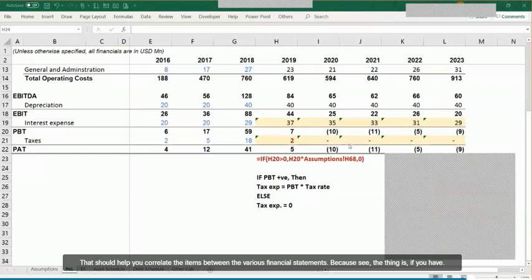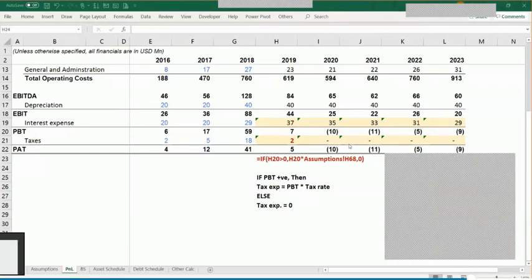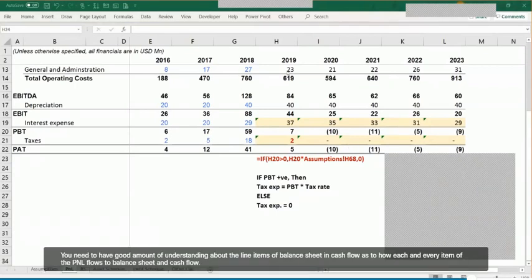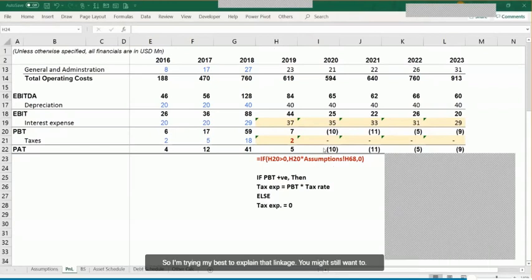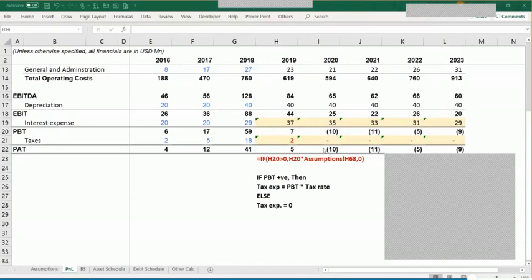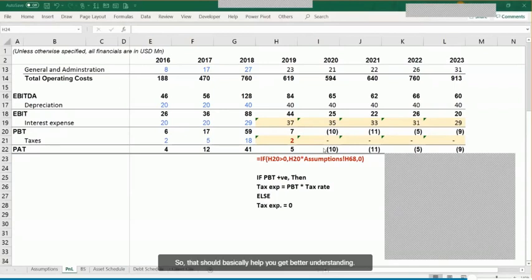Because if you have to create a financial model, you need to have a good understanding of the line items of the P&L, balance sheet and cash flow, as to how each and every item of the P&L flows to the balance sheet and cash flow. Though I'm trying my best to explain that linkage, you might still want to read some additional literature to acquaint yourself with the ground level stuff. That should help you get a better understanding of this.